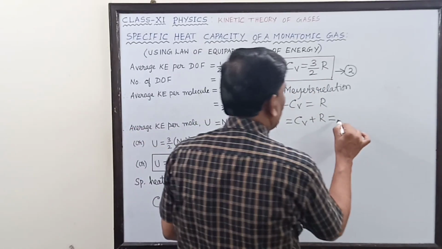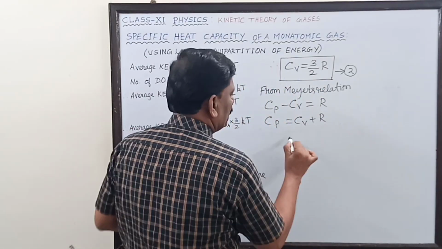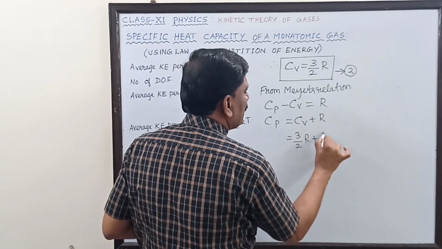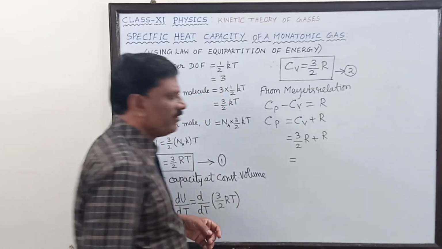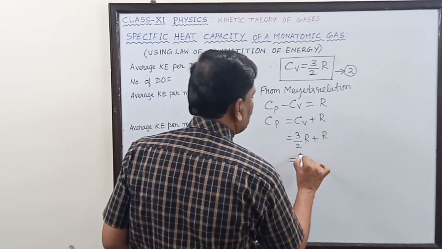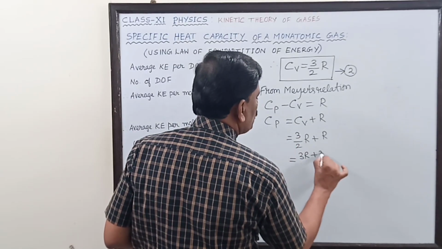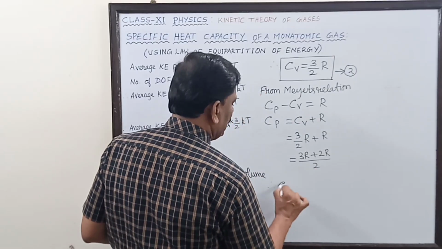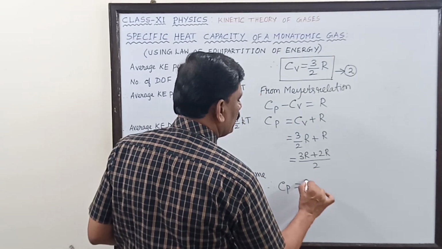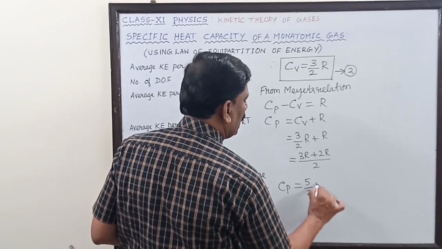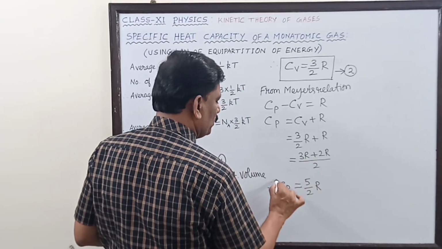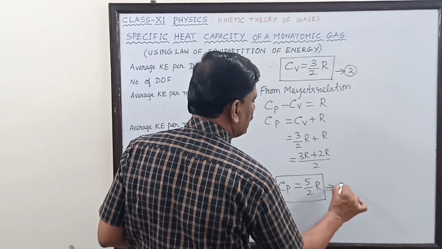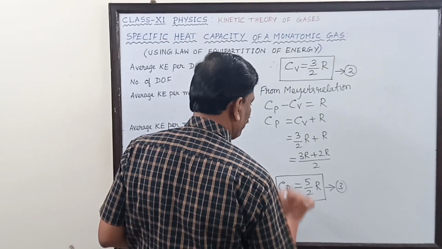So this is 3 by 2 R plus R. If you take the LCM, this becomes 3R plus 2R, whole divided by 2. Therefore, Cp is equal to 5 by 2 R. And this is our equation number 3.